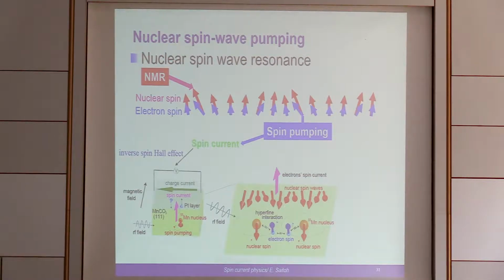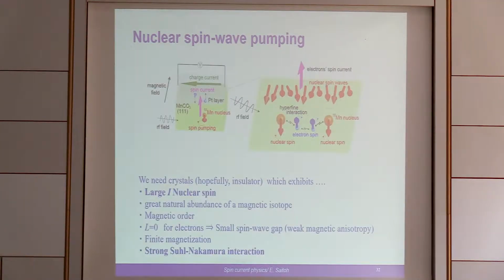Okay, so then what are the required conditions for the nuclear spin wave spin pumping? Basically, we need a single crystal which exhibits large nuclear spin, and the natural abundance of this magnetic isotope is almost 100%.